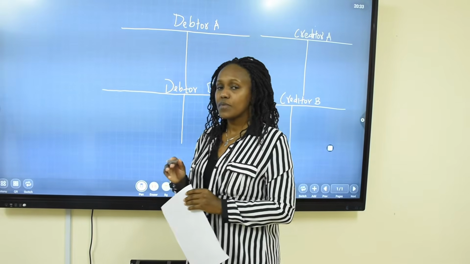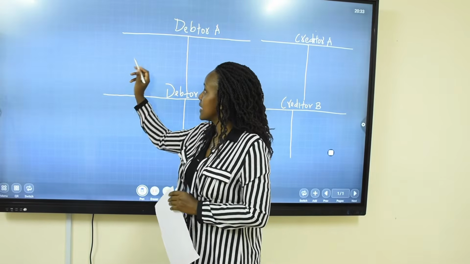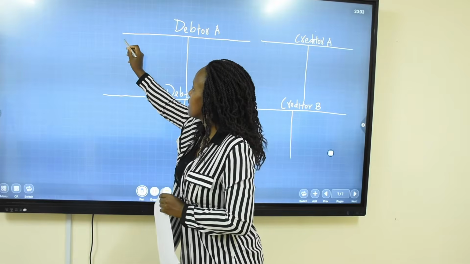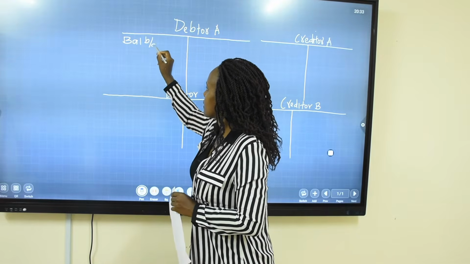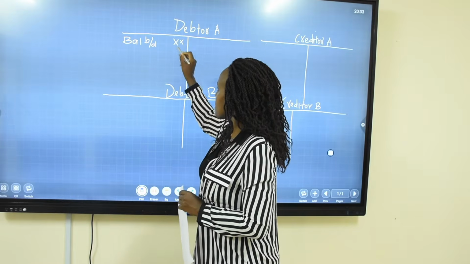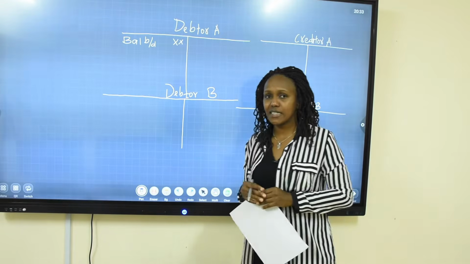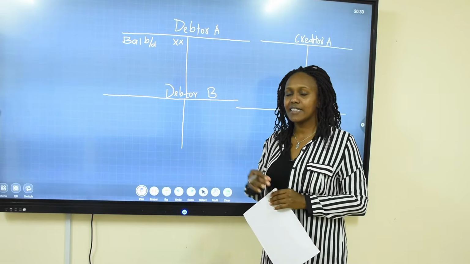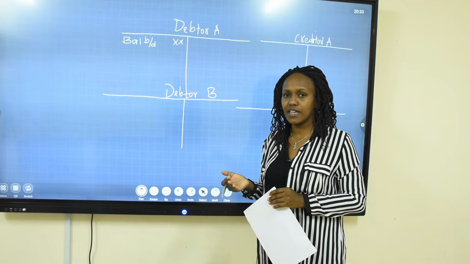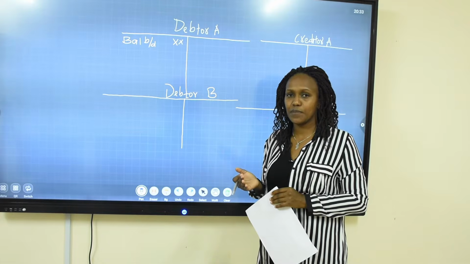Assuming the debtor has an existing balance, the balance on the debtor's account should be a debit balance, like that. That is the balance if the debtor has an amount owing.